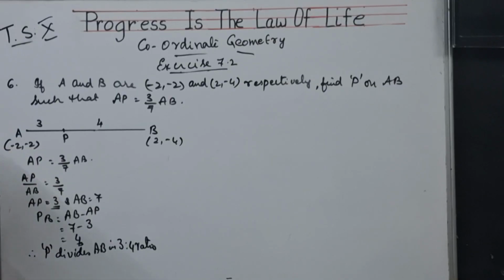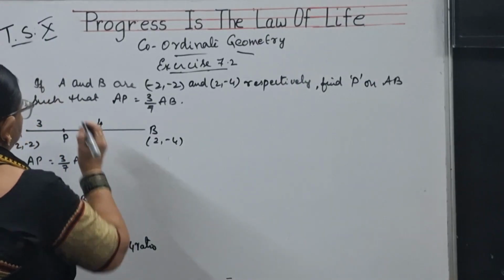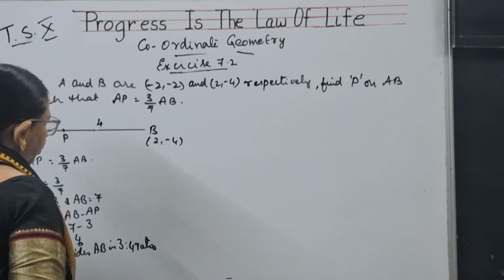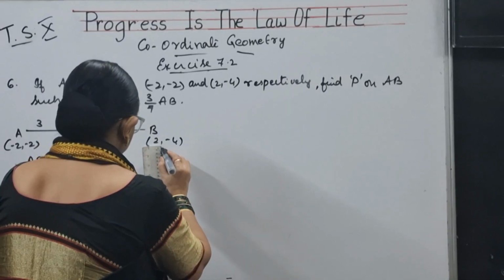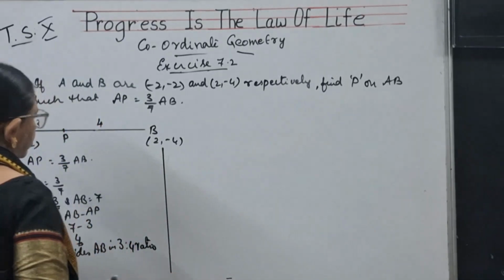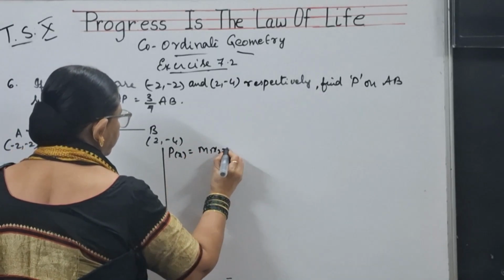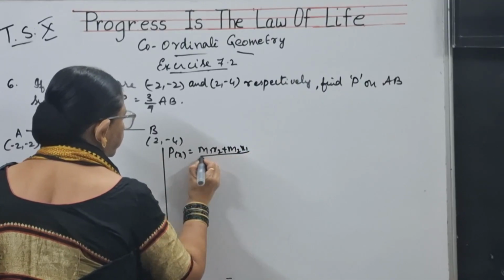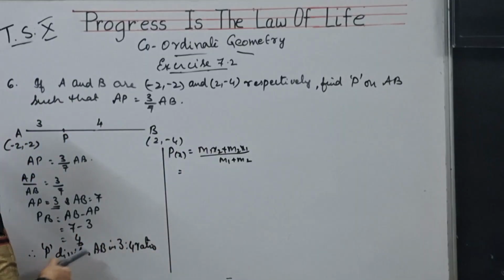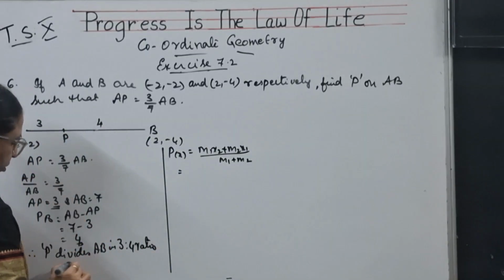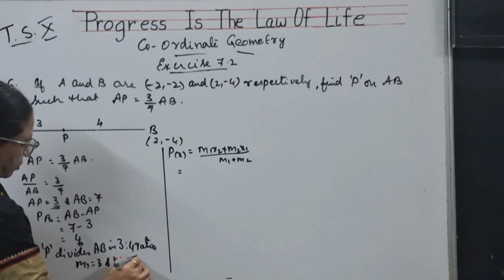So now we need to find out what are the coordinates. They are saying find P, coordinates of P they are asking. So we can say that P of x is equal to m1 x2 plus m2 x1 by m1 plus m2. What is m1 now? Here M1 is equal to 3 and M2 is equal to 4.